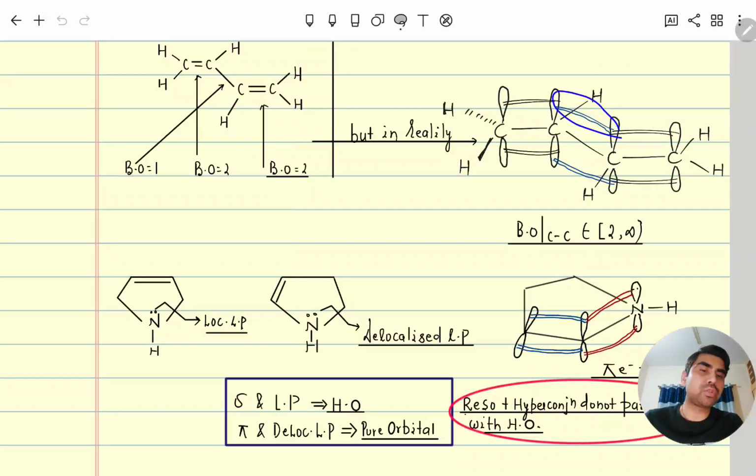These two are also overlapping, so here also electron density is flowing. The more the electron density, the more the bond order. So this carbon carbon bond is not one, it is more than one and less than two. Clear?